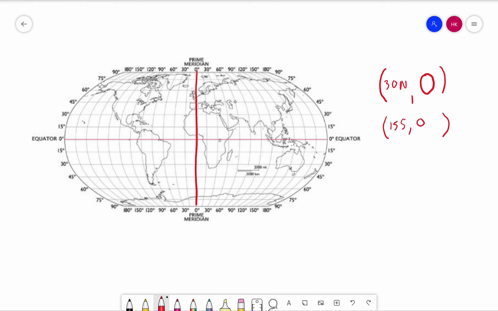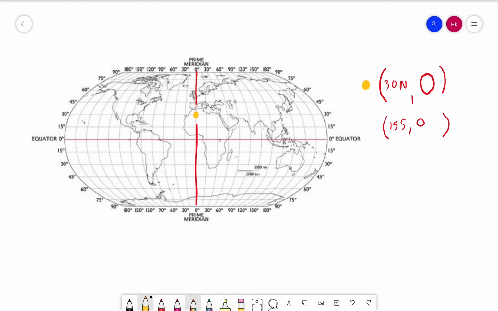Okay, so we're going to start 30 north. We go up, we go from the equator, we go up, we stop at 30, and then we come to our 0, so we know right there, we're going to cut off our trail. This right here is 30 south. We're going to give it that color, okay?